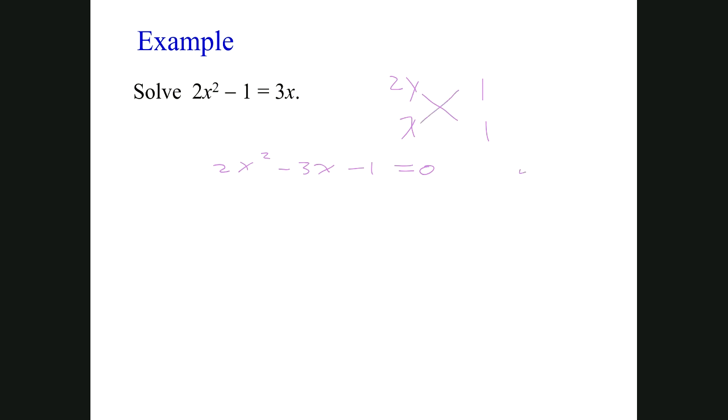Some people say, oh yeah, if I have a 2x and then I have an x here, I can get a 3x. Right? But in order to get a negative 3x, these 2 must be negative. So that's how I can get a negative 3x in here. But negative 1 times negative 1 won't be negative 1, it will be positive 1.